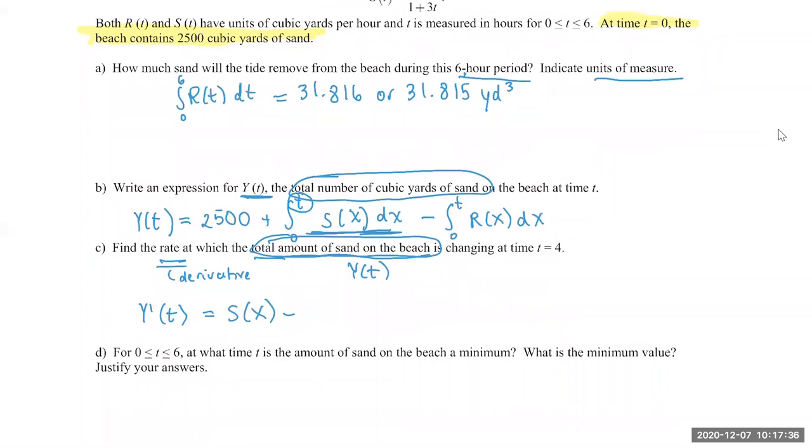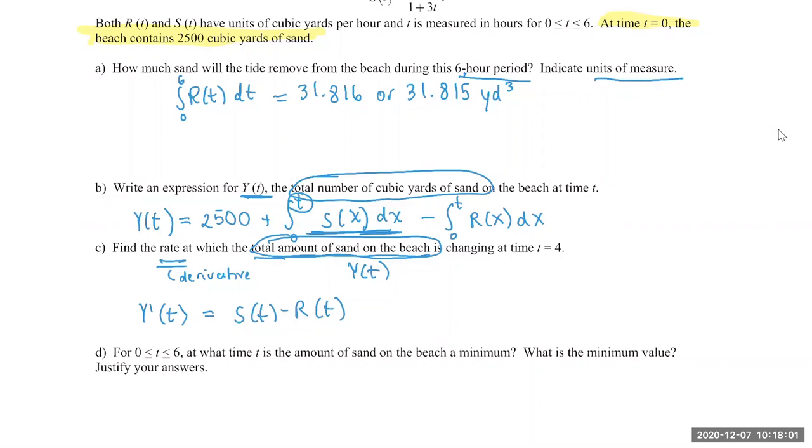Minus, again, term by term, so minus the derivative of this integral, so minus r of x. Oh, sorry. Yeah, I'm sorry, you guys, I did the whole variable incorrectly. It should be s of t minus r of t. Thank you. S of t minus r of t. We're plugging the t in for x.